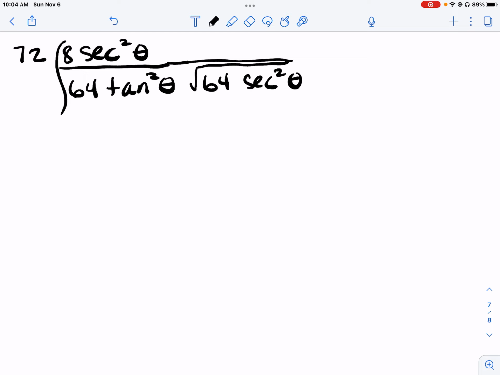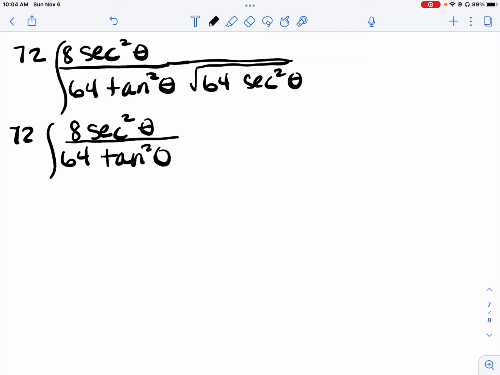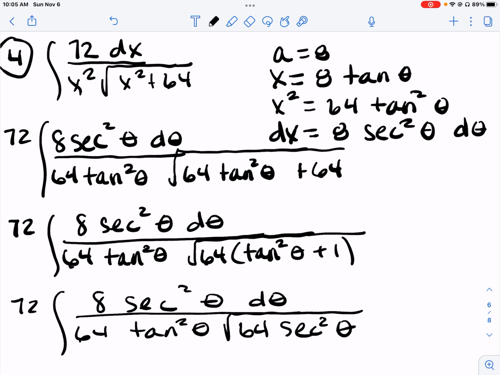Okay, now I'm going to take the square root of 64 secant squared, which would be 8 secant theta. Okay, I keep forgetting my d thetas.